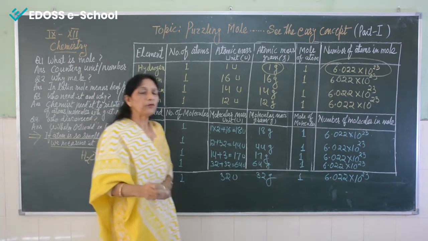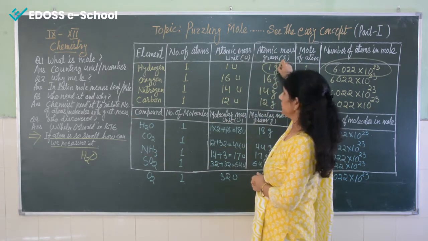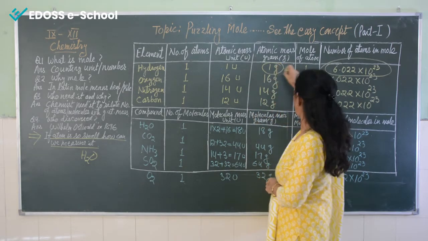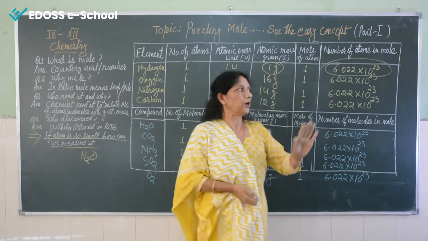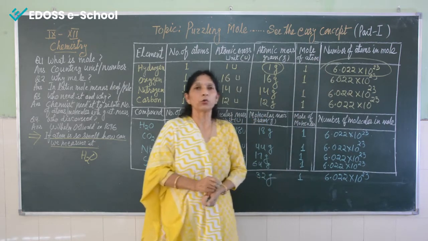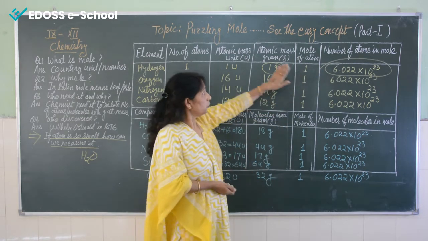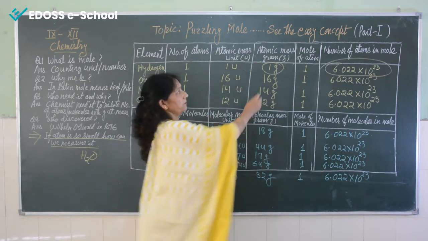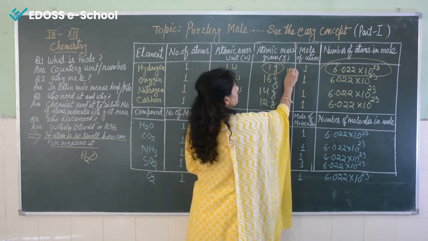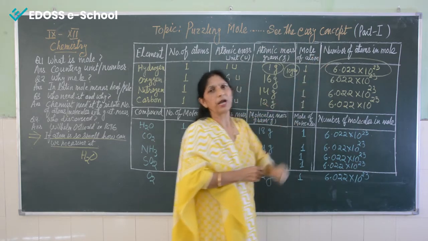They will take grams, and they know that 1 gram of hydrogen has 6.022 into 10 raised to power 23 atoms. So if they want 10 gram instead of 1 gram, this number can be multiplied by 10.